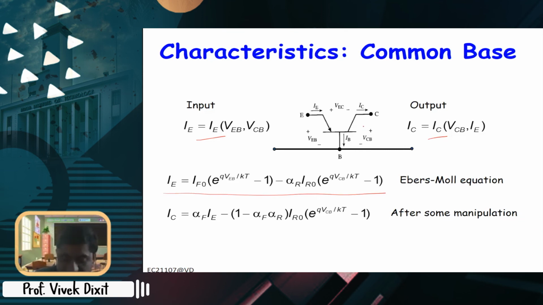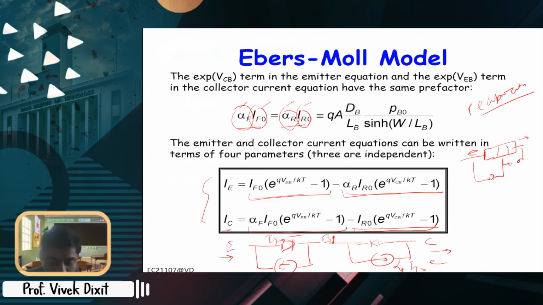So IC can be written as, if you look here, alpha F IF minus IR naught exponential term. If you substitute IF, this term, IF naught exponential QV by KT minus 1, can be written as IE plus IR naught and the exponential term, right?